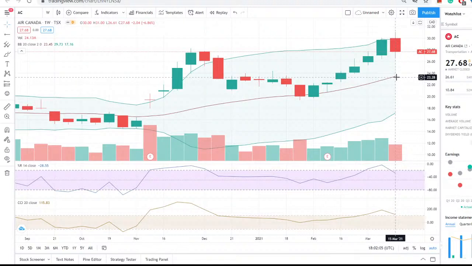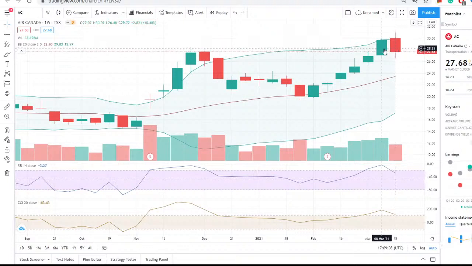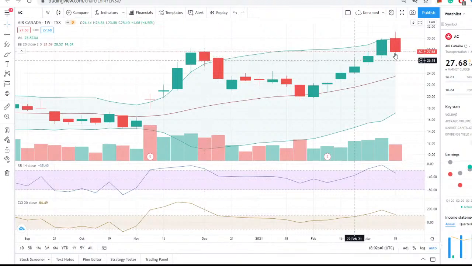Now here the upper Bollinger Band has flattened and given you a very strong big green body candle, almost covering the previous big red candle. And that closed almost at the previous resistance. 2780 was the high of the previous candle.